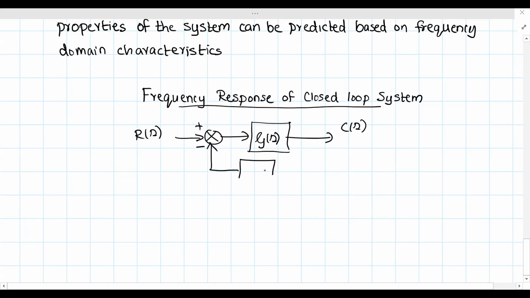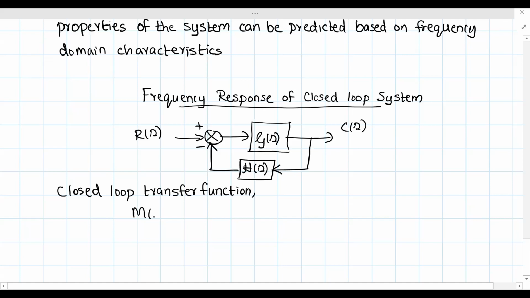Feedback path transfer function is H(s), like this. Okay, so what will be the closed loop transfer function, C(s) by R(s)? I will indicate that with M(s). What is that? C(s) divided by R(s). And we know it will be nothing but G(s) divided by 1 plus G(s)H(s).